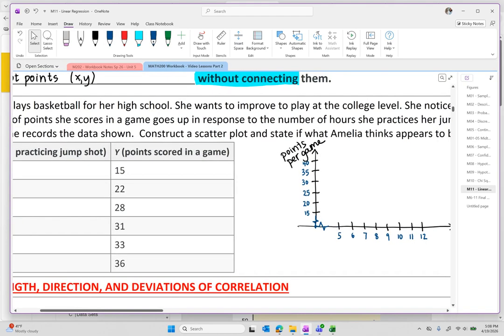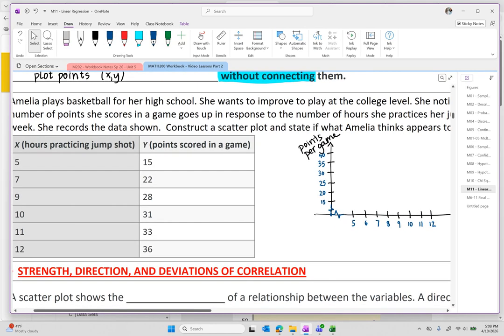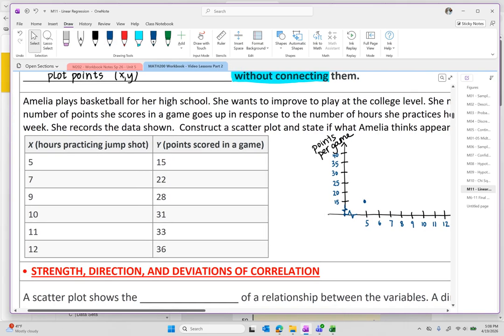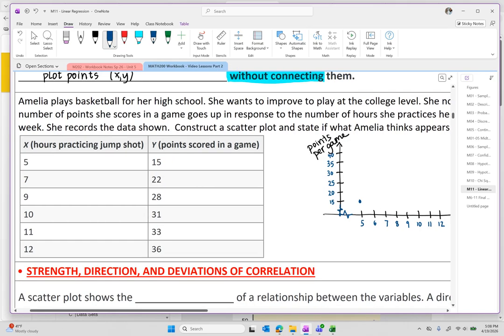The points will be 5 hours with 15 points, so 5 and 15 approximately here. 7 hours with 22 points, so 22 is, let's say, at that level, and 7 will be right there. Then I will have 9 hours with 28 points, 28 is, let's say, at that level, and 9 hours is approximately here.